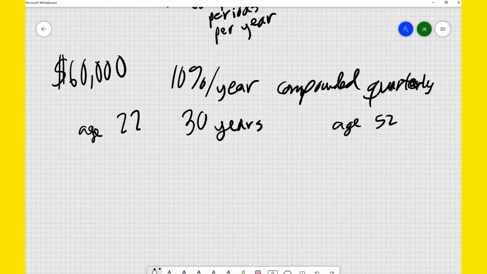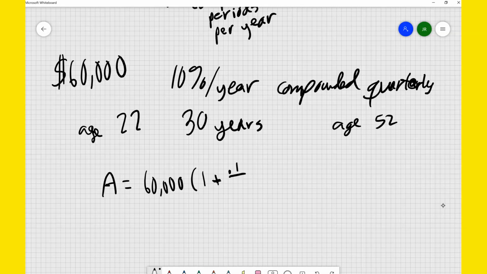All right, let's type that into our formula. What are we looking for? We're looking for the final amount. $60,000 is the principal. That's the initial amount that you put in, that you invest. 1 plus R, and R is 10%, so we're putting it as a decimal. 10% as a decimal is 0.1.